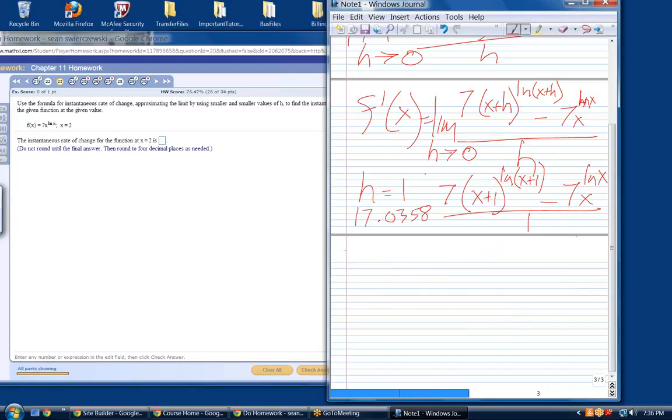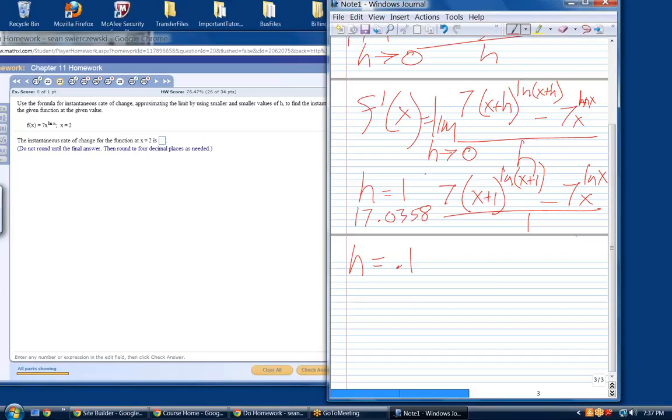Now let's let h equal, I guess we could go directly to 0.1. Let's not go through a half. Let's go directly to 0.1. Okay, so we're going to plug it back into this limit definition.